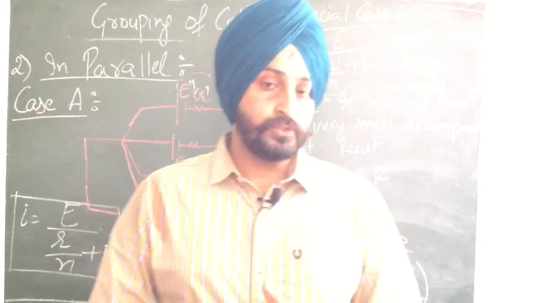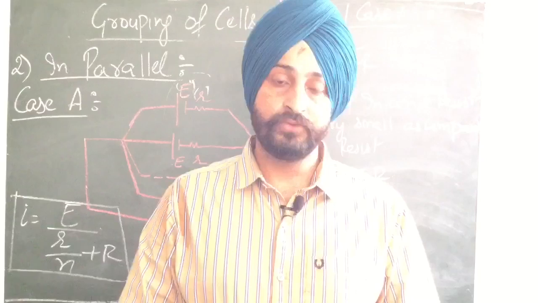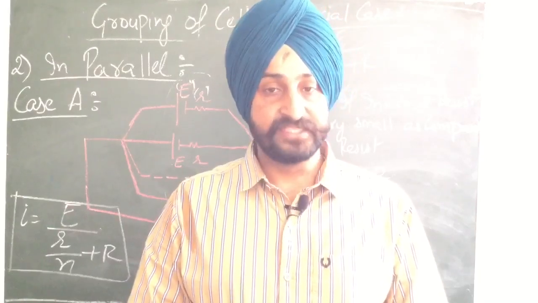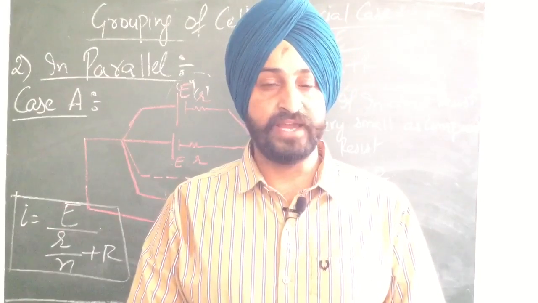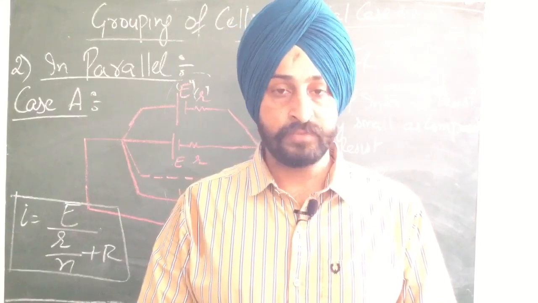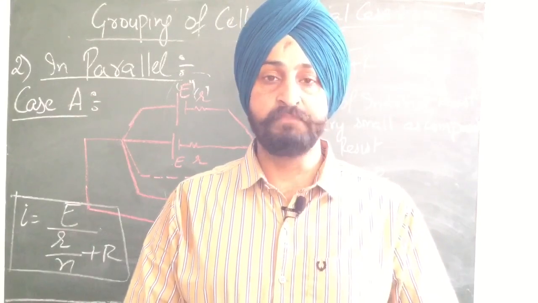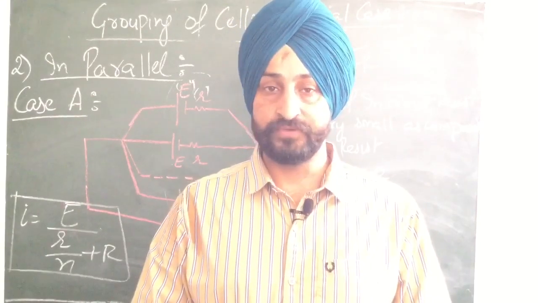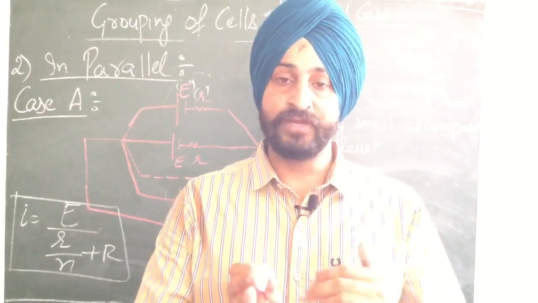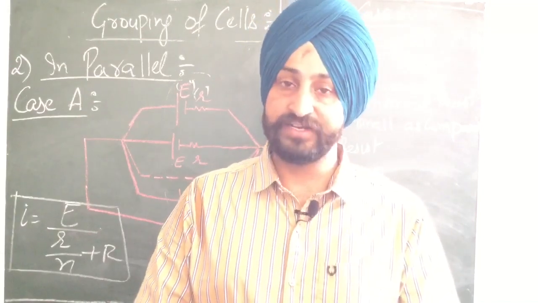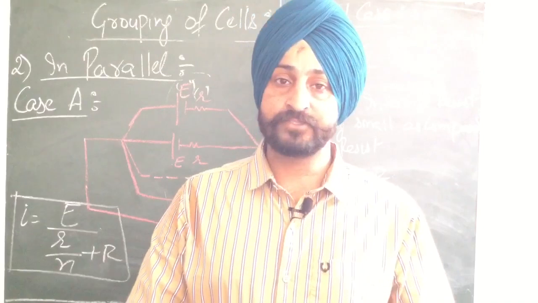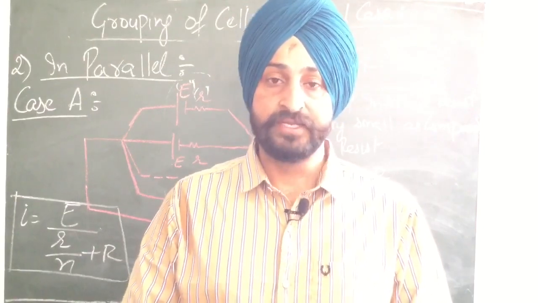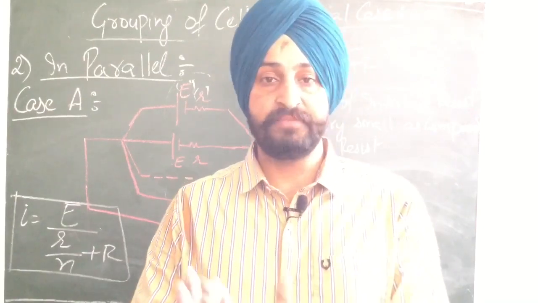So from these discussions, what you can say, if you are given cells of very small internal resistance and you are asked to get maximum current from those, that means you will be connecting them in series.